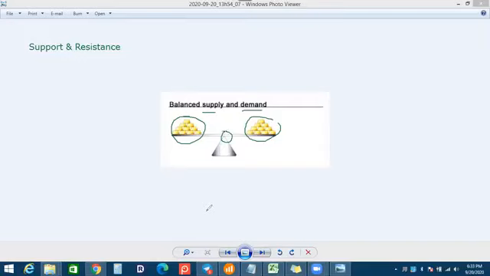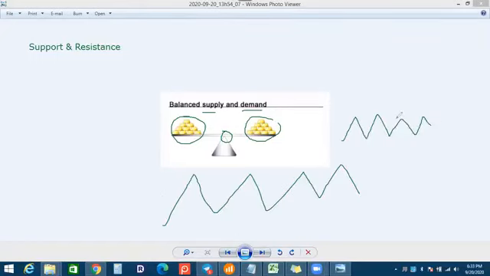When they are equal, what will you see in the market? You will see a range, a consolidation, a congestion of the market. When the buyers' power and the sellers' power are equal, you will see the price moving in a flat direction.